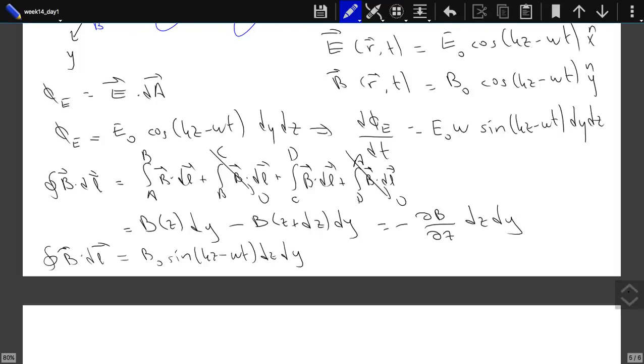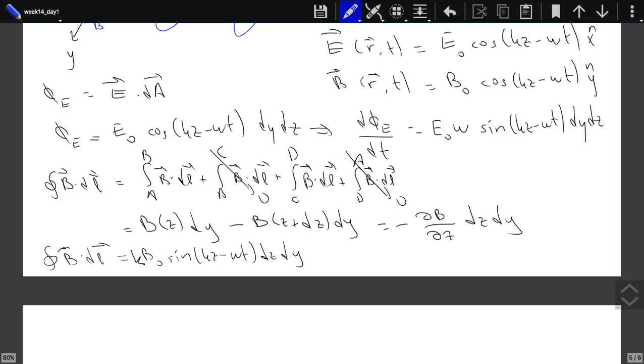And now the last thing is in the derivative. Well, the derivative of the cosine brings me a minus. There's another minus over here. So there's no minus. B0 times k, because the derivative brings a minus k times sine.